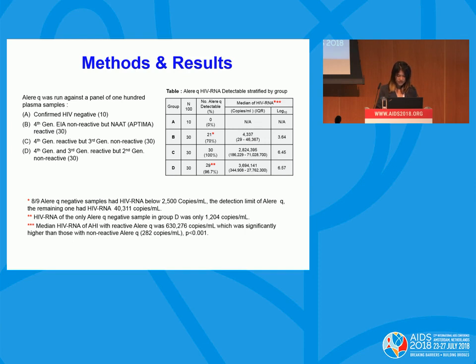Median HIV RNA of acute HIV infection with reactive Acute was 630,276 copies per ml, which was significantly higher than those with non-reactive Acute, at 282 copies per ml. The P-value was less than 0.001.